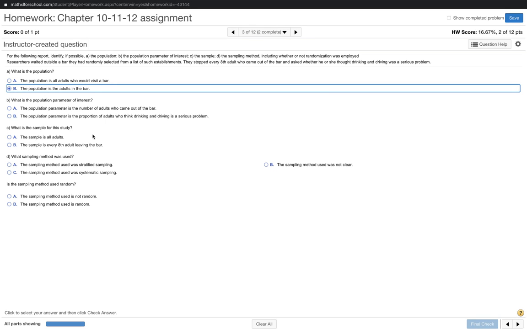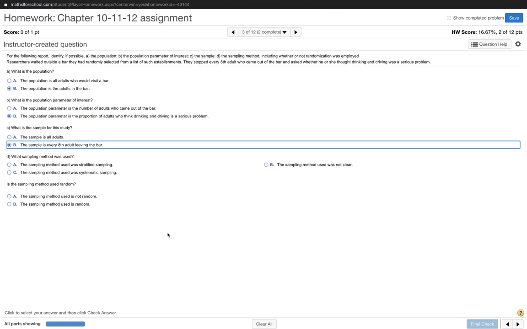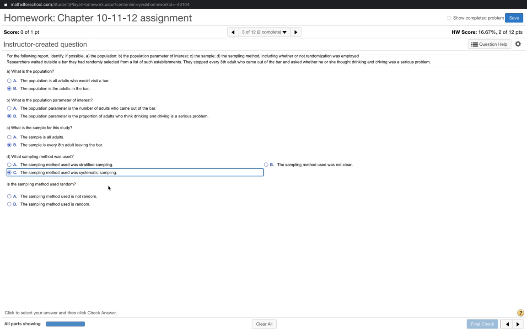What is the population parameter of interest? Same as before. The proportion of adults who think drinking and driving is a serious problem. Okay. The sample was they stopped every eighth adult leaving the bar. Okay. This is a systematic sample.